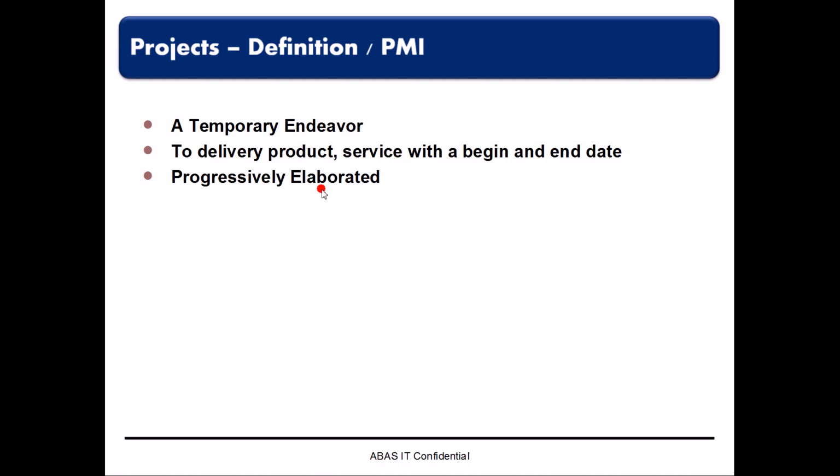For example, the business wants to implement a sales order processing system. That's a requirement, and for that they have already allocated, let's say, some amount of money to have it developed. Then they say, from this start date to this end date, I need this application to be delivered.